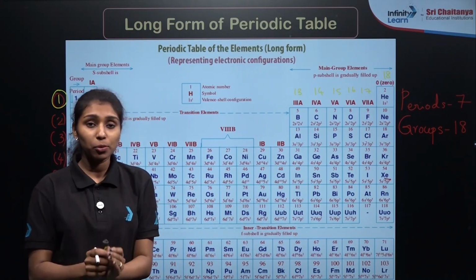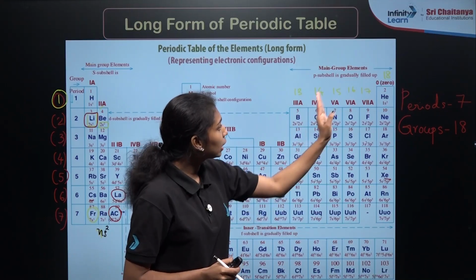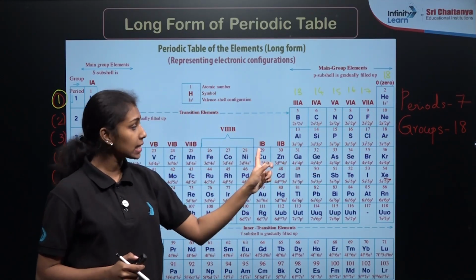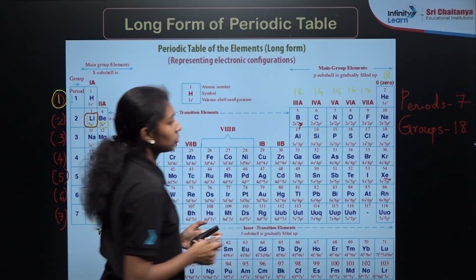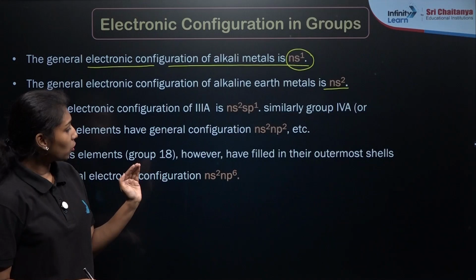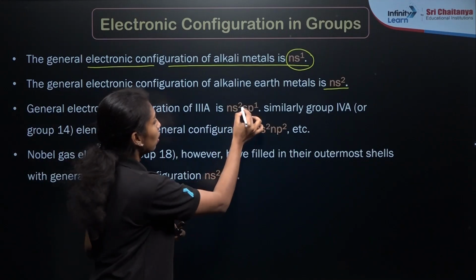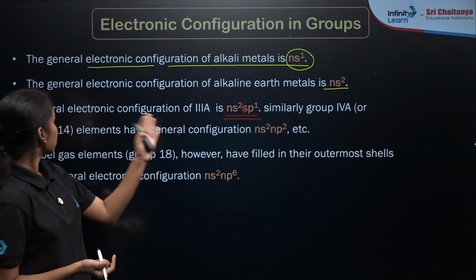So, if I am asking about the general electronic configuration of these group 13 to 18 elements, I can say that it is ns2 np1 in the case of group 13 elements.